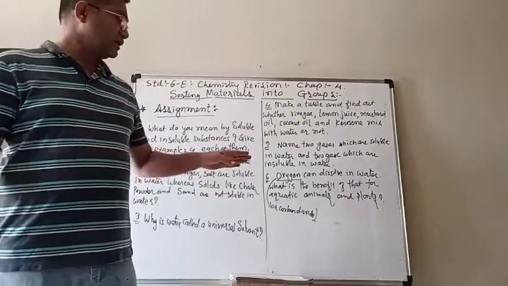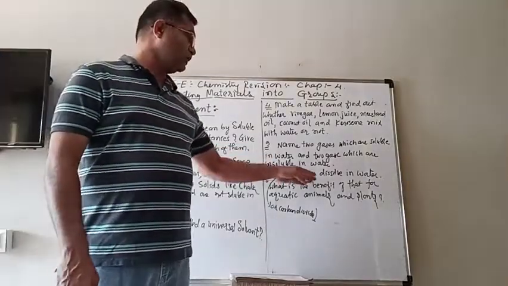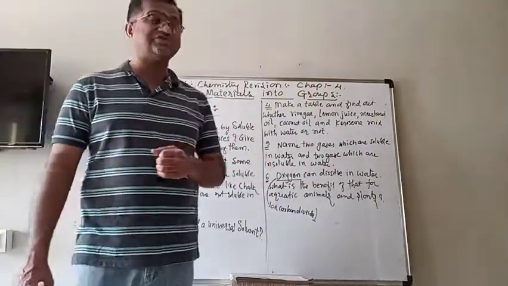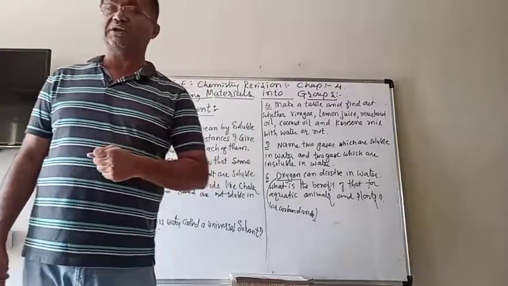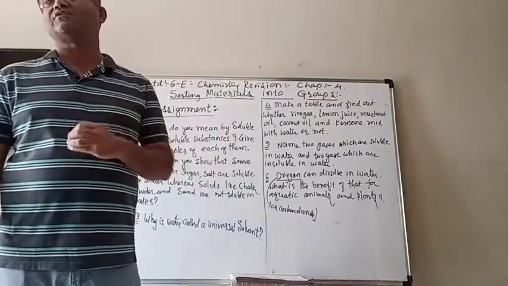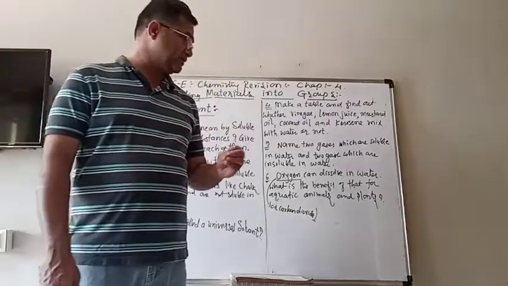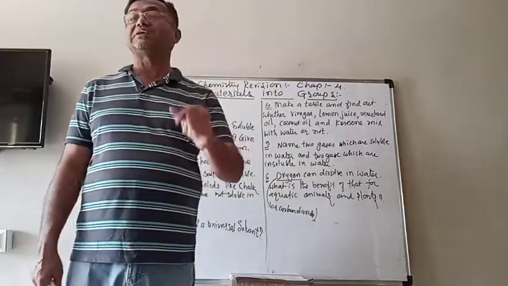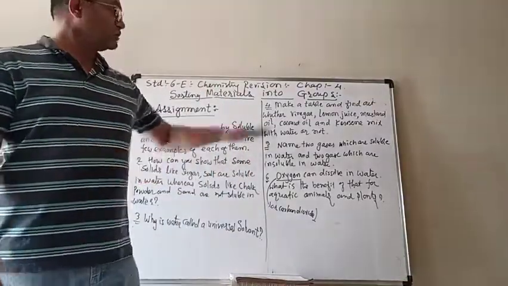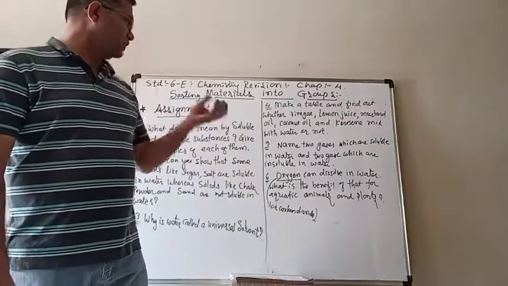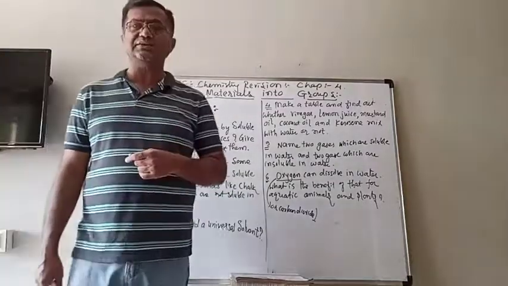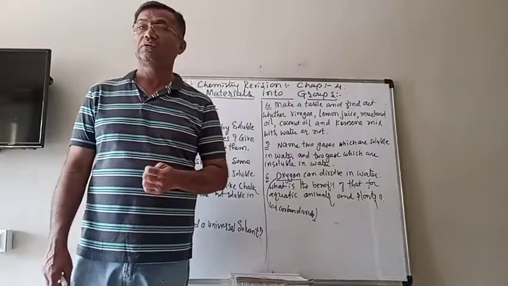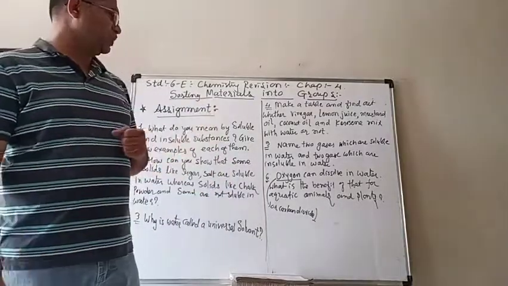So the solubility of oxygen and carbon dioxide is beneficial for the survival of the aquatic animals and the aquatic plants. So we discussed all the questions here in the assignment, and you will write down the answers on your own.